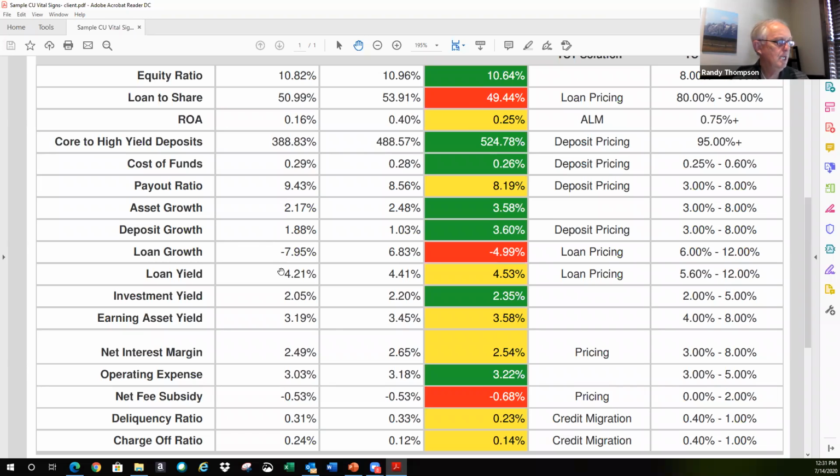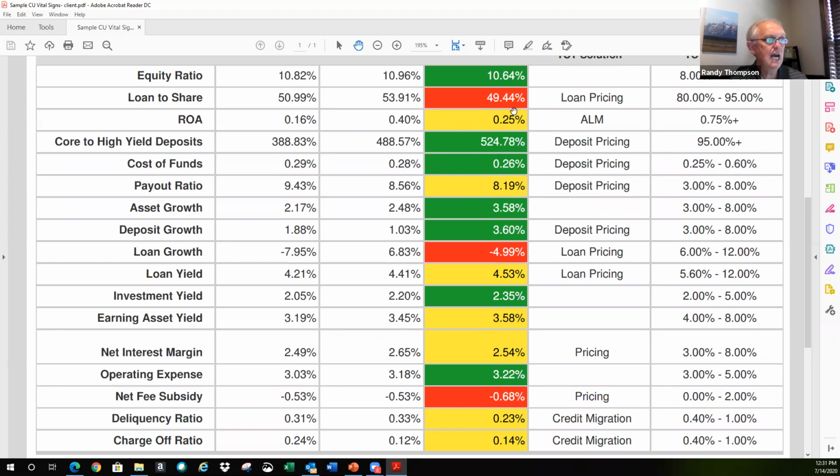That takes us down to these yield numbers down here, which we're going to talk about next. Well, almost next. And here we can see that even though their rate is in the healthy range, at the bottom of the healthy range, because of this mix here, their payout ratio, their percentage of interest that's being paid out to cover their deposits is higher than the healthy range and needs to be paid attention to.